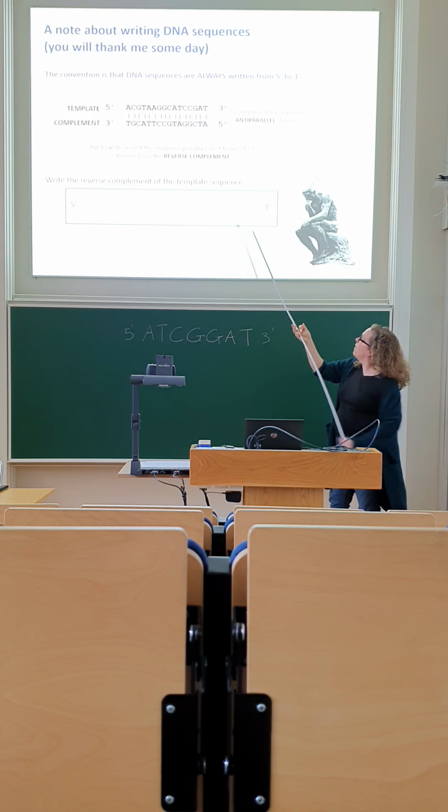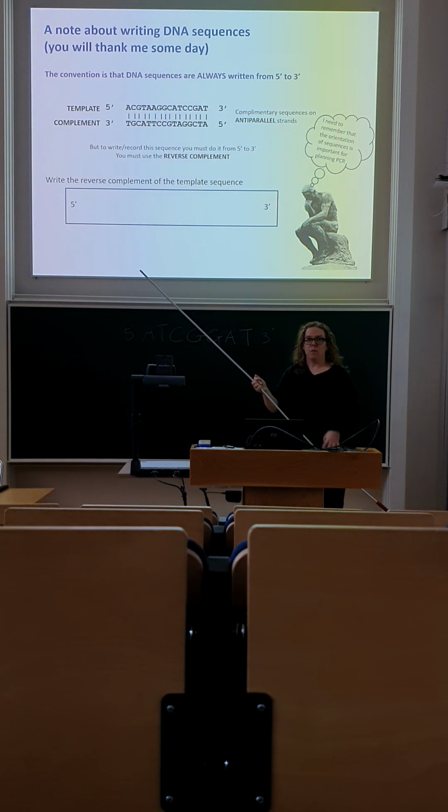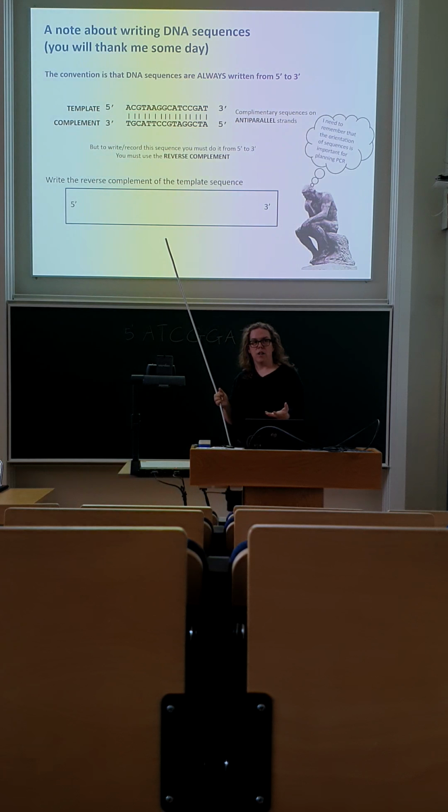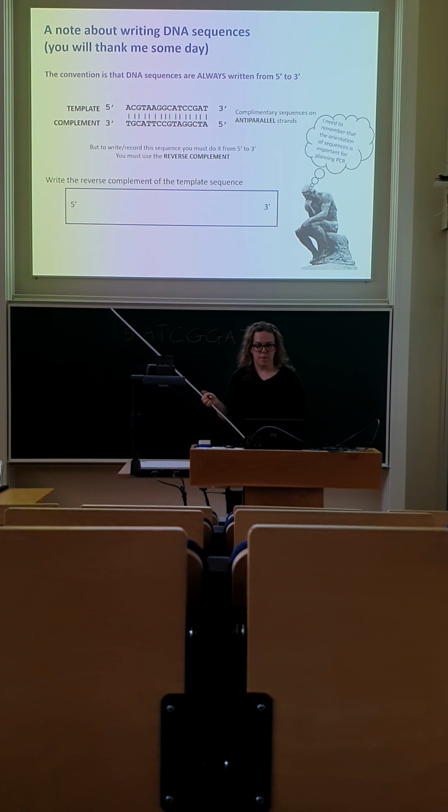So that seems easy enough when this sequence is actually written here. But if that wasn't written there, you would first have to convert and use the opposite base, T's for A's, C's for G's. Then you would have to flip it around and write it in the other direction.